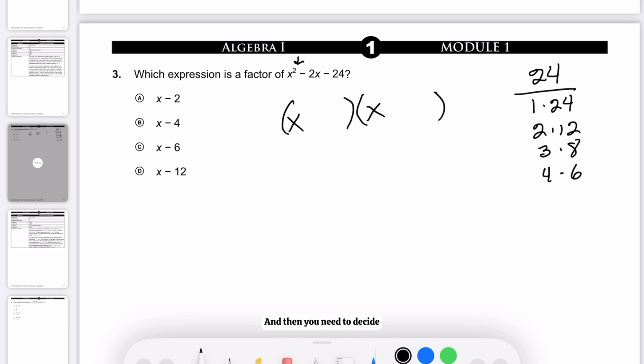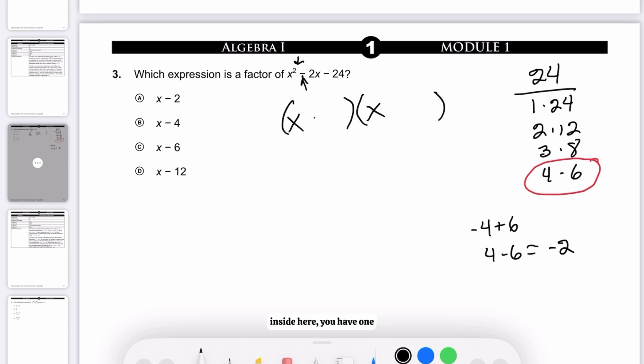And then you need to decide which two numbers, no matter what the signs would be, would give you a 2, okay? The only ones that it could be are 4 and 6. So it could be -4 plus 6, or it could be 4 minus 6. The middle term is negative, so you have to use 4 minus 6 because that's the one that's going to give you the -2.